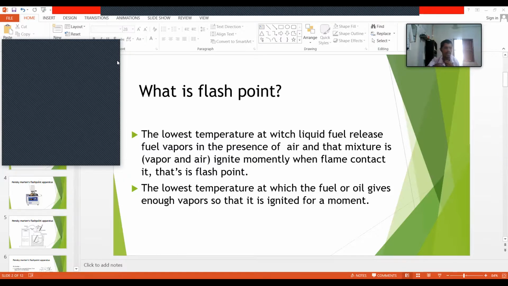If you are finding out the flash point, why are we finding it out, what is the purpose? You should ask those questions in every situation. Just knowing this is the flash point, this is the fire point, and we can use this apparatus to find it out is not good for your life or for your industry. Why do we use this, what is the purpose? Tell me one purpose of finding out this flash point.